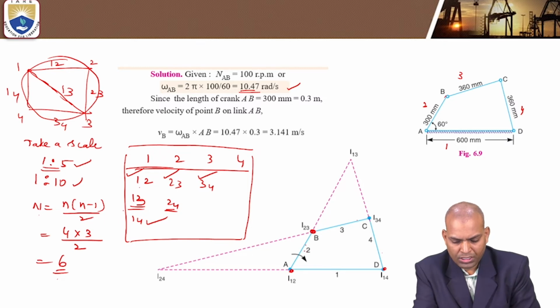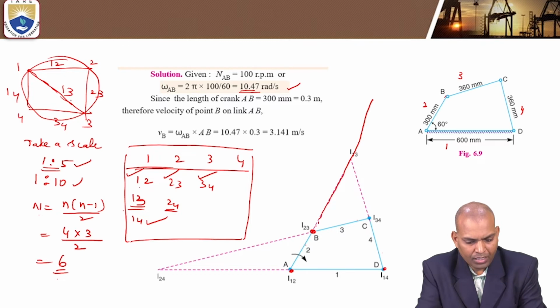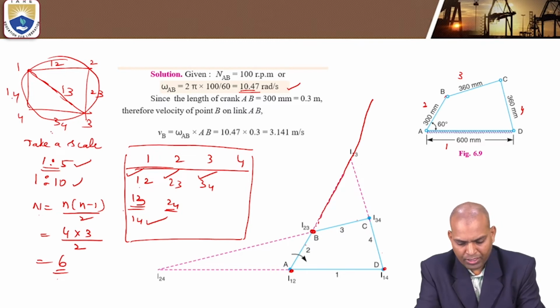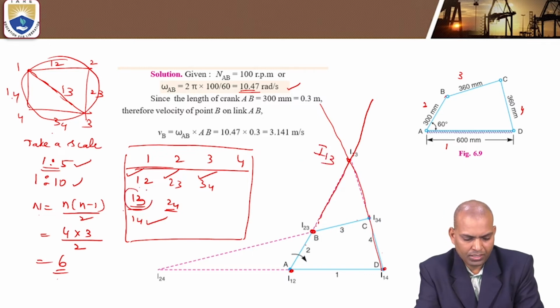Where is the 1 2 2 3 straight line? This is 1 2 and 2 3. Make a straight line. Next 1 4 and 3 4. Draw a line. That intersection gives I center 1 3.